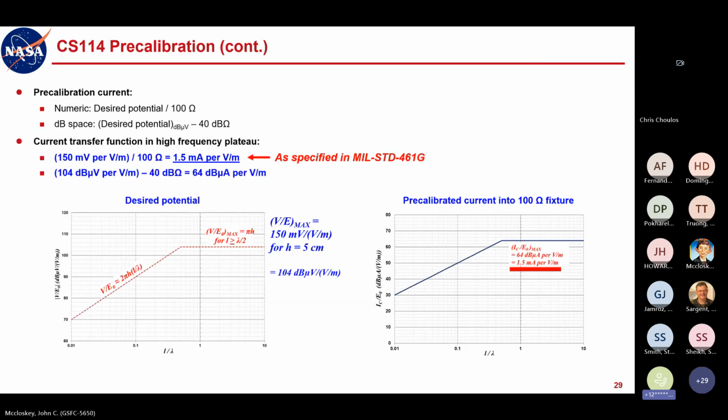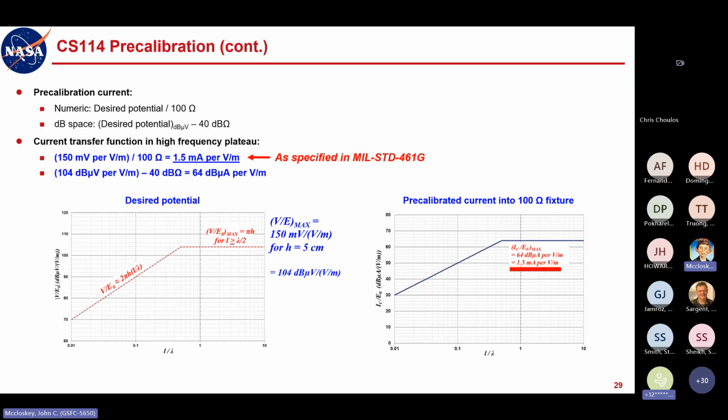Okay. This is what we have in the calibration fixture. So now we're injecting into a cable under test. Mostly what we are concerned about are shielded cables in an integrated configuration. A notable exception is power cables, but we'll set that aside for the moment. But if we're looking at a shielded cable that's terminated to chassis at both ends, from a low frequency standpoint, that's basically injecting into a short circuit.